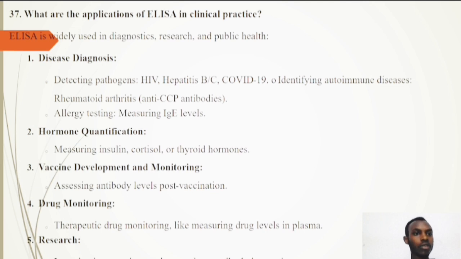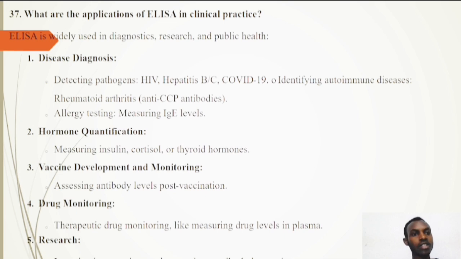And I may continue with question number 37, the application of ELISA in clinical practice. ELISA is normally used in clinics for diagnosing different pathogens. ELISA is widely used in diagnostic research and public health.